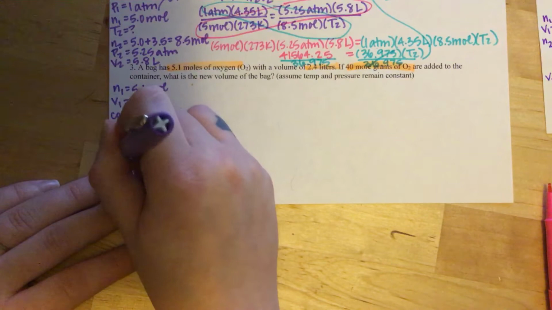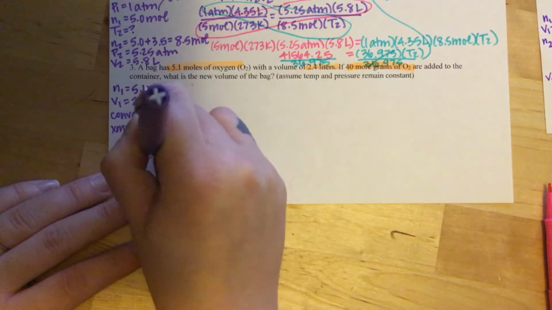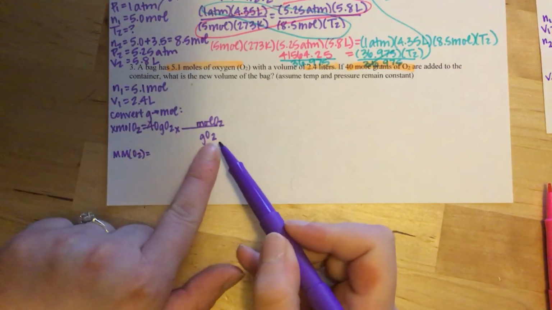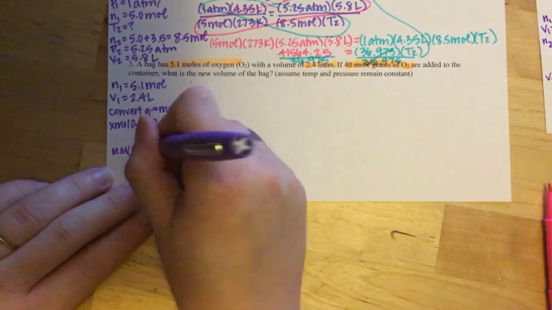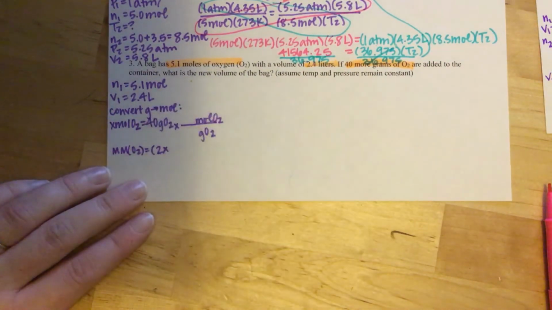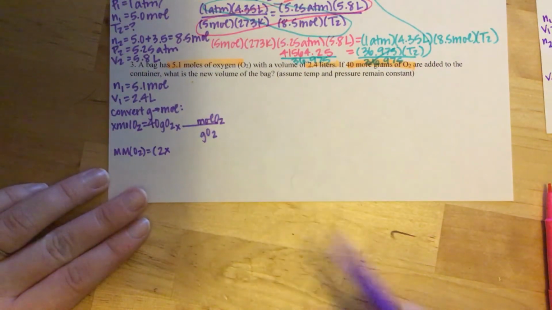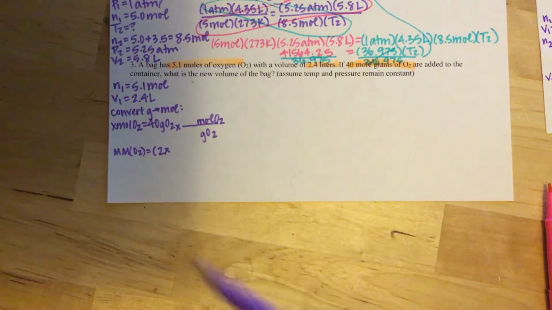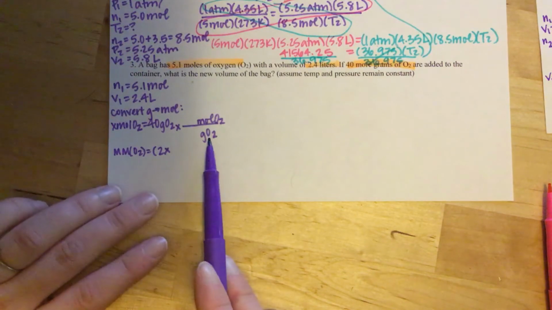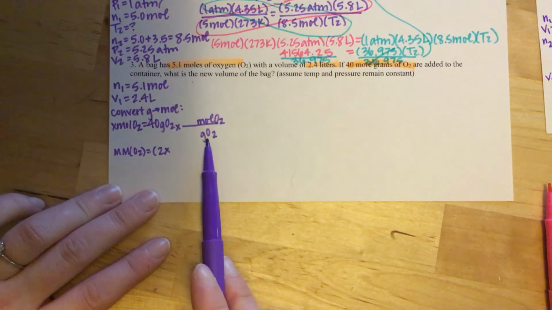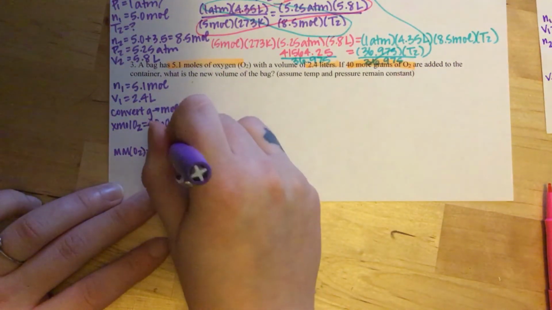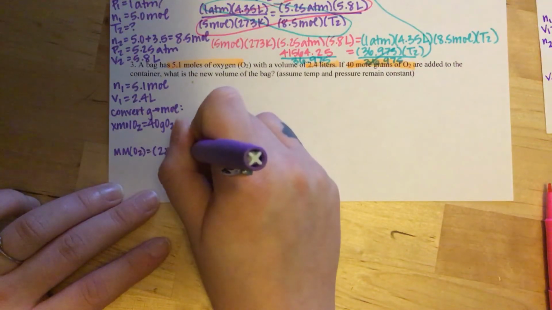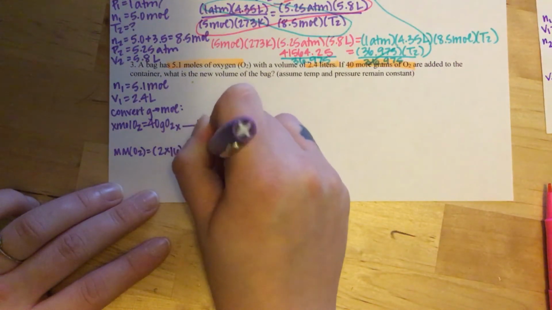To calculate your molar mass of oxygen, you take the number of atoms in your oxygen. I've got 2 oxygen atoms. You multiply it by the atomic mass of oxygen from the periodic table. If you don't have your periodic table at home, you can always Google one. The mass of oxygen is 16, so 2 times 16 gives me a molar mass of 32 grams per mole.